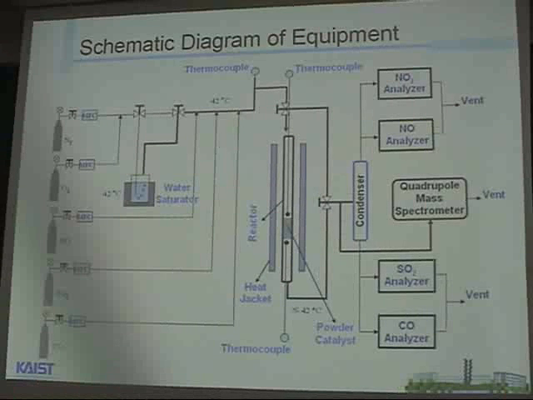This is the schematic flow sheet diagram on which I work. In this, there is a reactor of 8 mm diameter, thermocouple, saturator, analyzers, condenser, and we maintain the temperature at 42 so that no condensation takes place, and there are temperature controllers, heat jacket, and water.